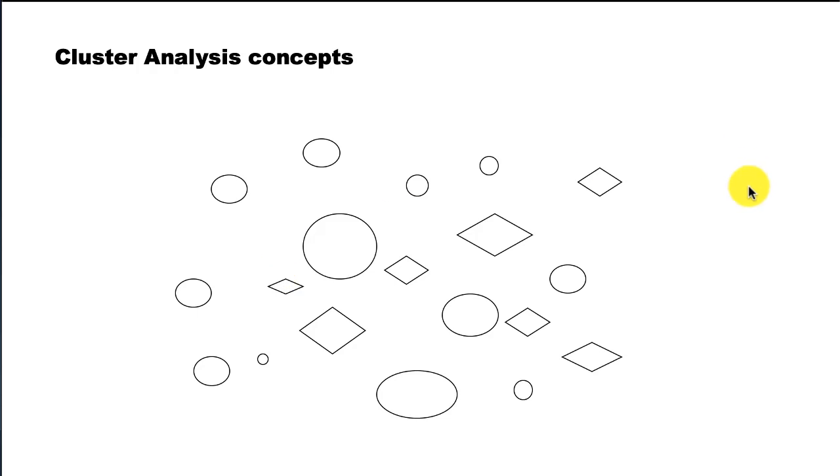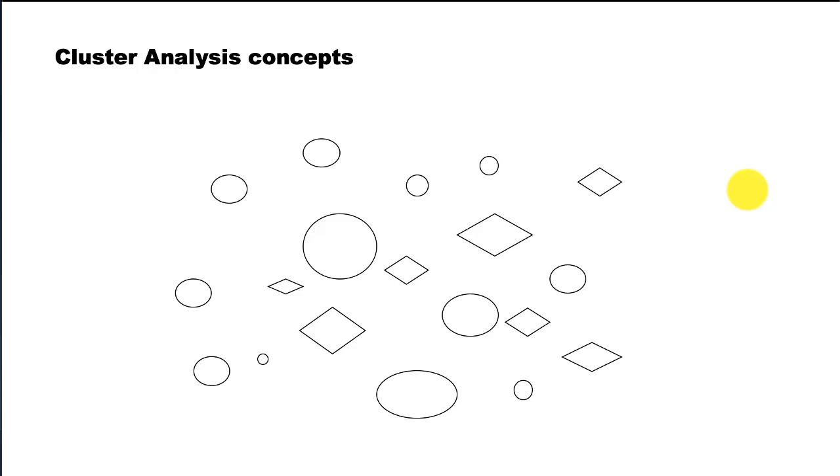No matter what, we are seeing a lot of objects, and immediately what our brain wants to do is to somehow simplify what we are seeing and capture the essence of it in a simpler statement. So we've got many objects here, maybe about 15 objects. We don't want to deal with the differences between all these 15 objects.